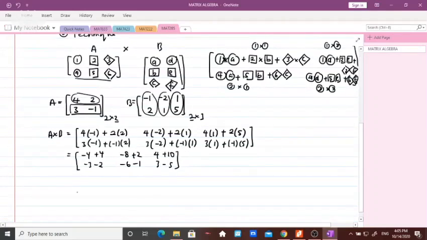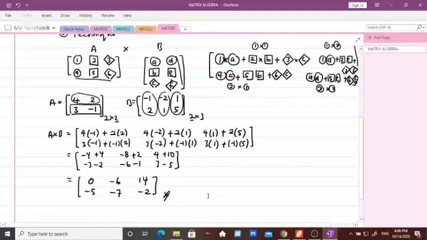Okay, so we will get the final answer: -4 plus 4 is 0, -3 minus 2 is -5, -8 plus 2 is -6, -6 minus 1 is -7, 4 plus 10 is 14, 3 minus 5 is -2. So this is the answer.